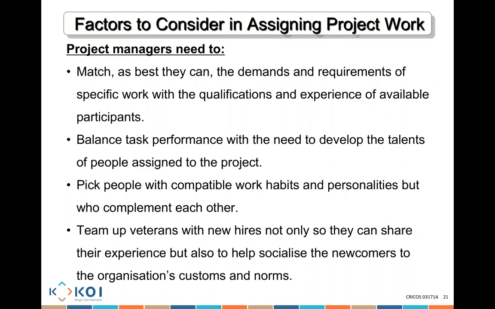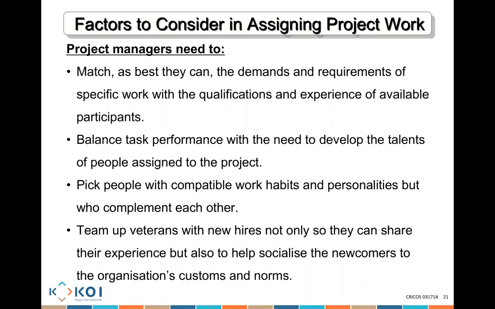So match, as best as they can, the demand and requirements of a task with the experience of a certain person. Balance the task performance with the need to develop talent. Sometimes, yes, we want to finish the task, but at the same time, we want to develop the skills of our own people. So maybe if it takes a bit longer, sometimes that's fine because we need to train those people.